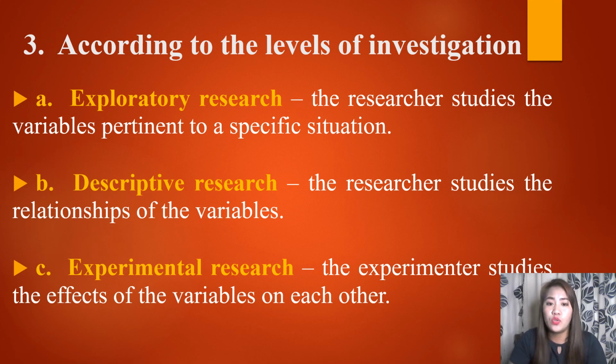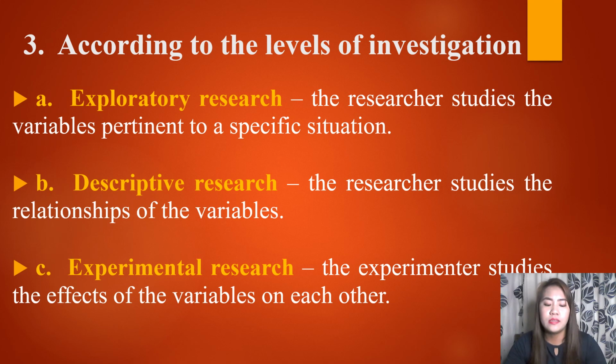Okay, it's just to clear the problems stated for the research. And for descriptive research, the researcher studies the relationship of the variables. So this type of research describes the population, the situation or phenomenon that is being studied.